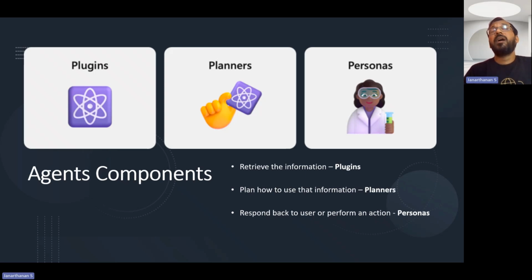The planner decides how we are going to use your plugin. And the last one is the persona. The persona provides responses to your action with respect to a planner. So these three are the major components that constitute your agent.